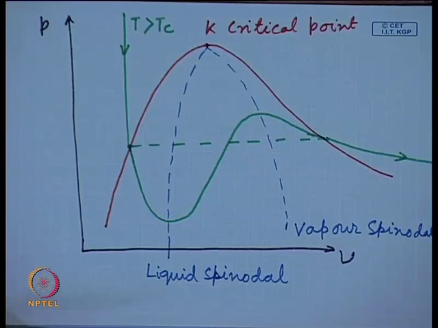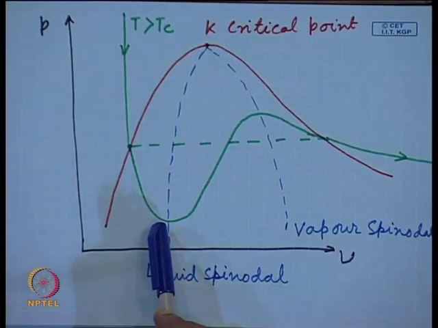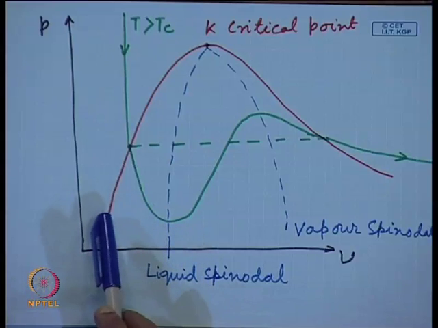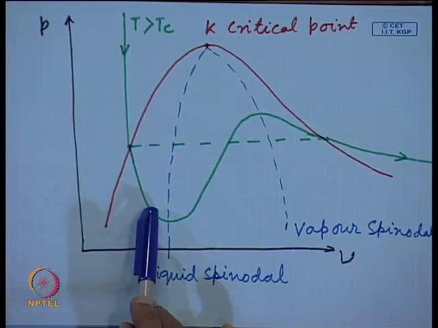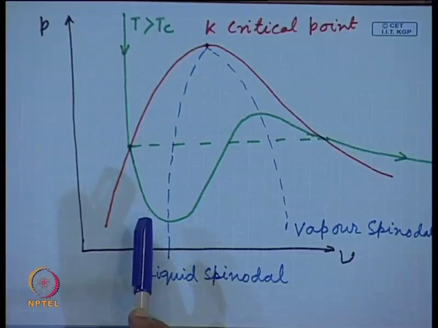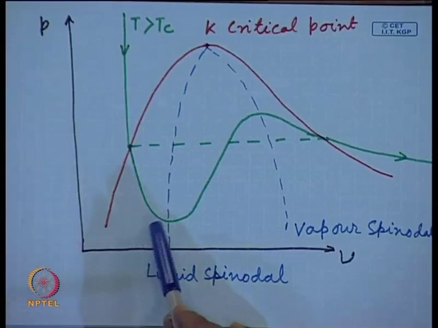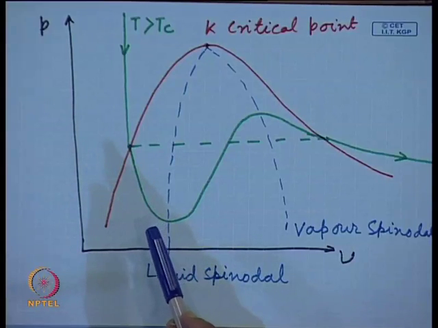What will happen? There is a small but finite probability, this comes from statistical thermodynamics, that suddenly at this condition there will be a large number of vapor embryos in the bulk of the liquid and evaporation will take place, or some kind of vapor nucleation will take place and the process of vaporization will take place.